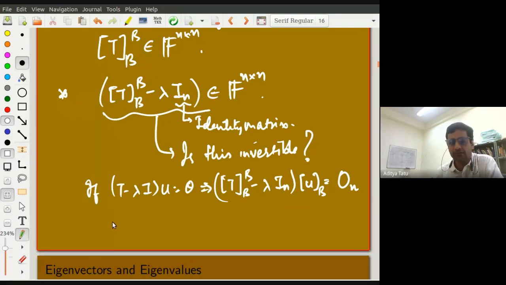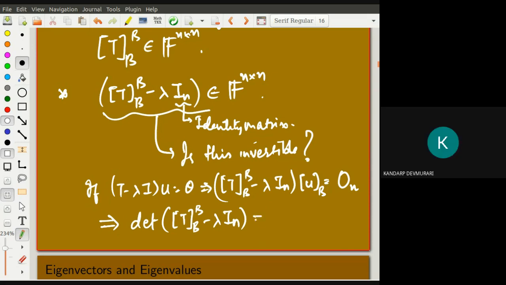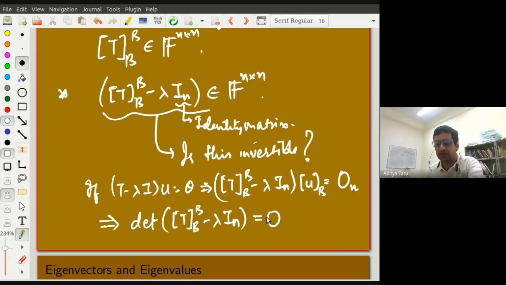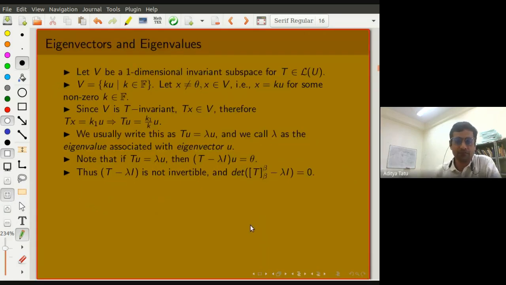So then I can now talk of determinants, right? Because now I have a square matrix. So what can we say about this determinant? 0. Good. Now I think we have connected the dots. There is an n missing here.